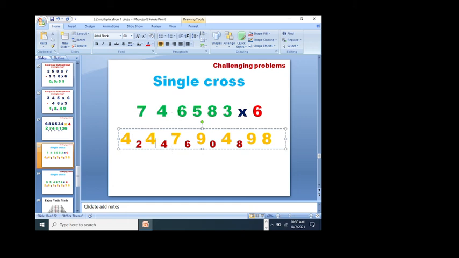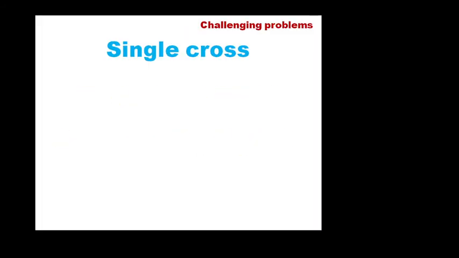So 44, 36, 76, 30, 90, 48. Yeah, 98. Do you get this answer? Yeah. Yeah, you are great, sir. You are great. Can you take all the best, man? Can you take this problem as a challenge? Six 5, 4 5, 7 4 into 4.